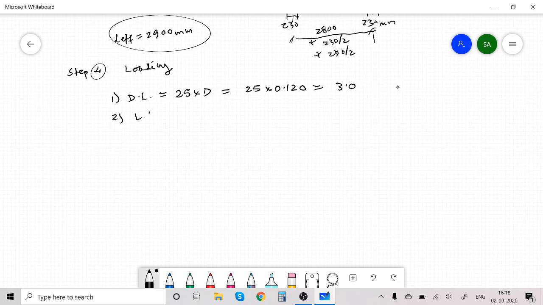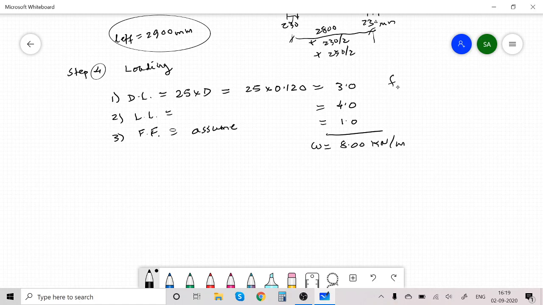Then live load, as it is a public building floor slab, we will consider live load as 4. Then the floor finish load, as it is not given, I will assume 1. So add the total load to get W, that is 8 kilonewton per meter, as we are considering 1 meter wide strip of the slab.